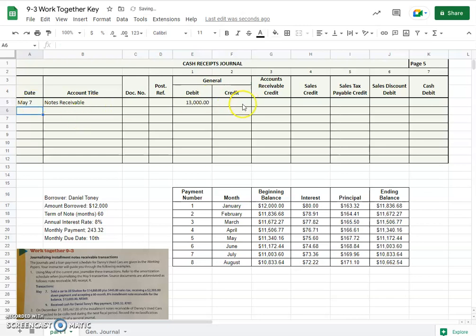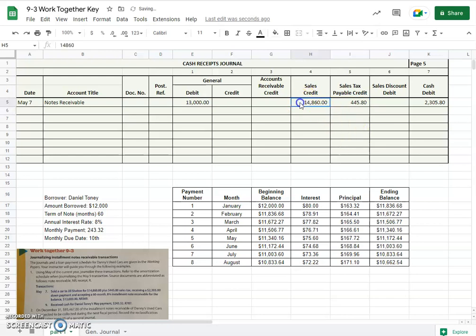We know that they made a down payment, and that down payment was $2,305.80. So that's going to go over here in our cash debit. And then the total sale was $14,860, and the sales tax on that was $445.80.